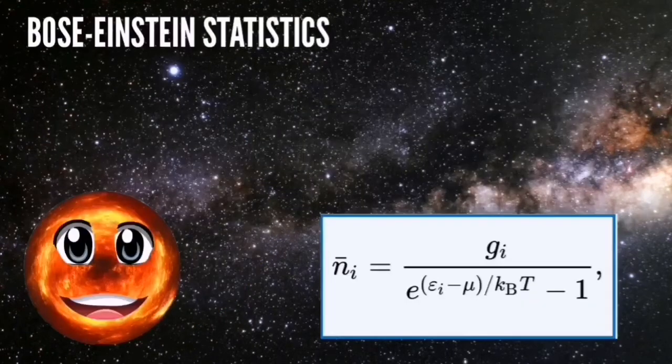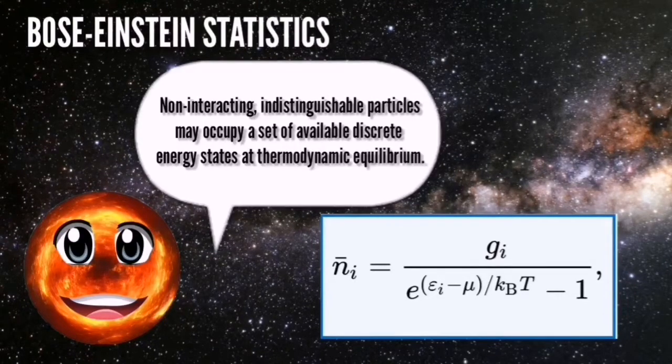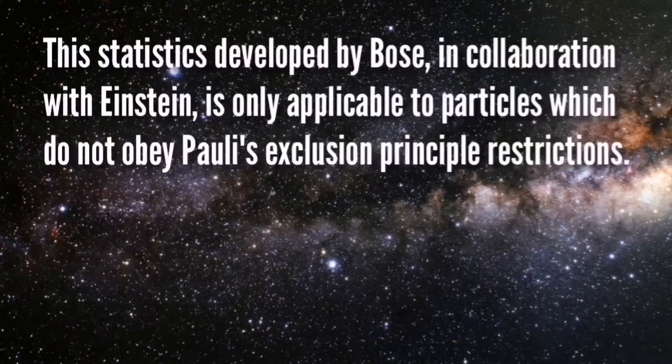The Bose-Einstein statistics, which describes one of the two possible ways in which a collection of non-interacting, indistinguishable particles may occupy a set of available discrete energy states at thermodynamic equilibrium, applies exclusively to us.